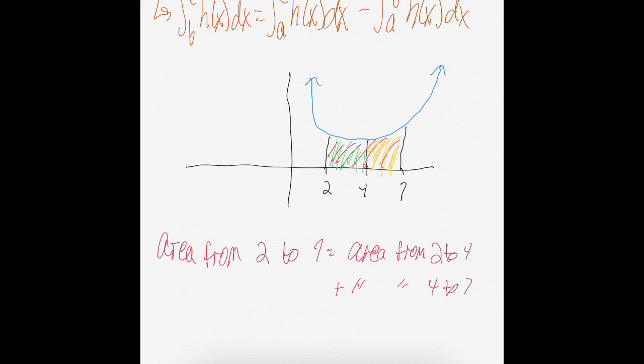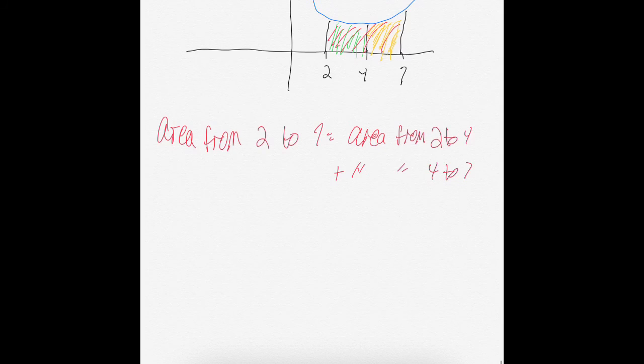Which makes perfect sense if we look at our picture. If I want the total area underneath this graph from 2 to 7, then I can compute the area from 2 to 4, and then add up the remaining part, the area from 4 to 7. So that's the idea here, and I hope that one of these ways of thinking about it makes some sense.